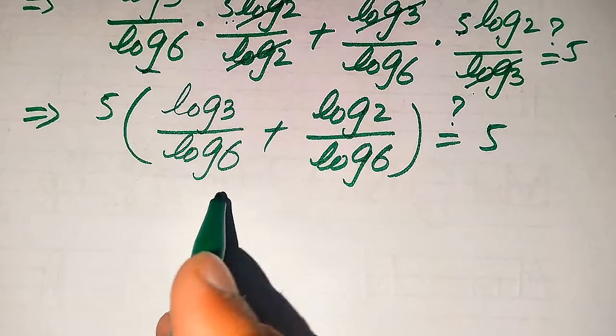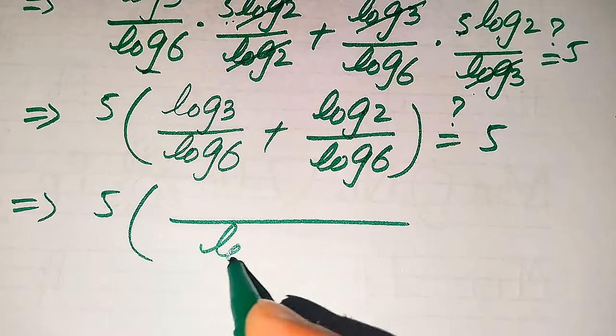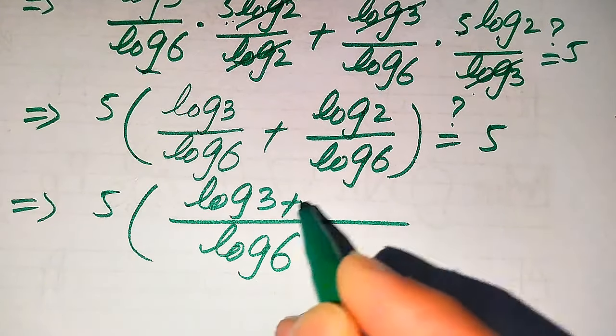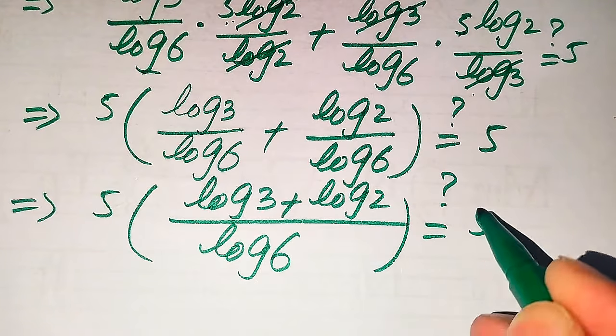Further, in the next step, we need to take the LCM of these terms, and when we take the LCM it will be written as log of 6 as the denominator, and we get log of 3 plus log of 2 in the numerator, and we check whether this is equal to 5 or not.